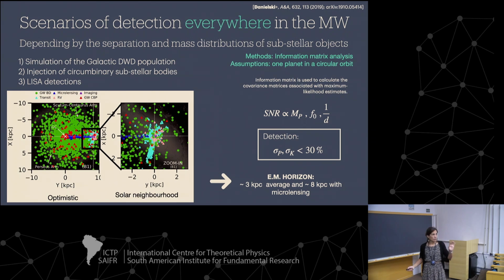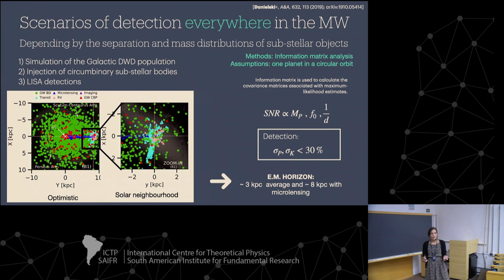This might not look that crazy to you, but this is mind-blowing because we haven't detected an exoplanet far away from us. We always just detect them here, apart from microlensing, but that is just a specific direction towards the center of the Milky Way.